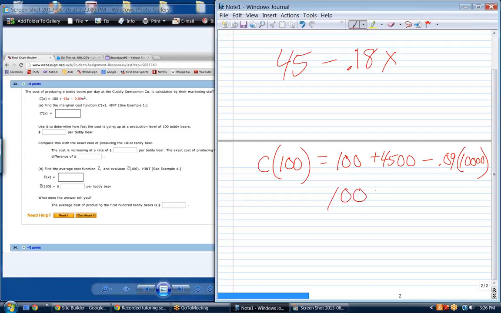So we have 100 plus 4,500 minus 900, which is 3,700.